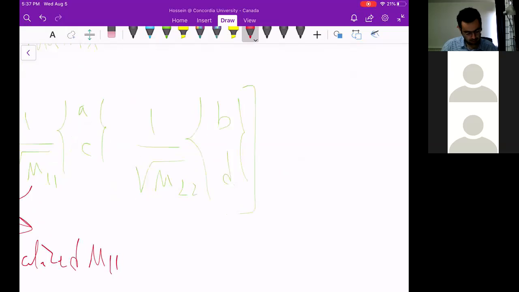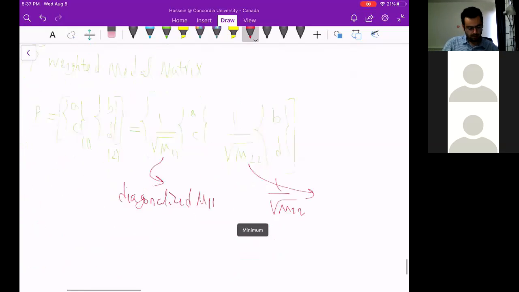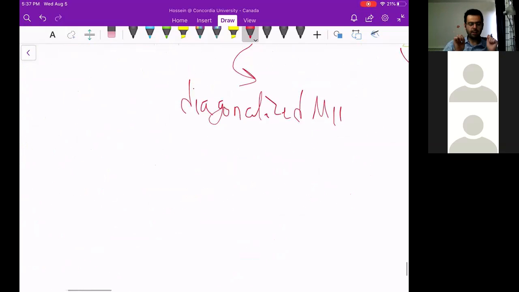Correspondingly, the second column by 1 over the square root of M22, where M22 is diagonalized. So before obtaining the weighted modal matrix, you have to find the diagonalized stiffness and diagonalized mass. You have to make it diagonal. It means the off-diagonal terms should be 0 and 0.